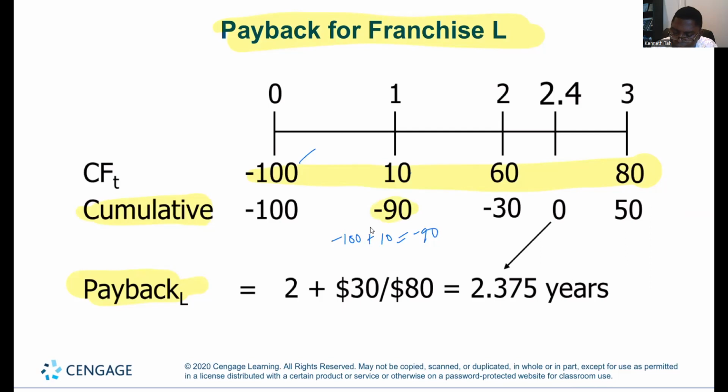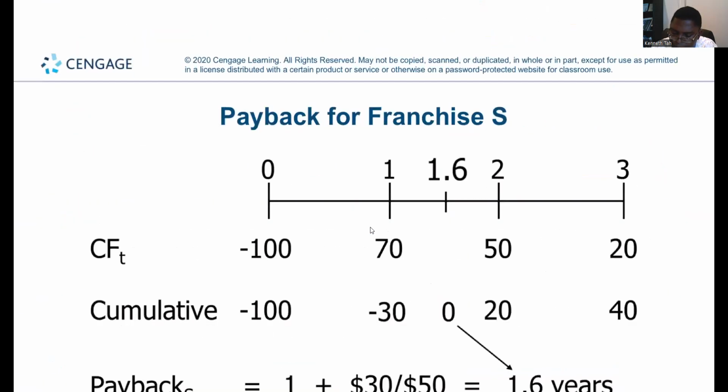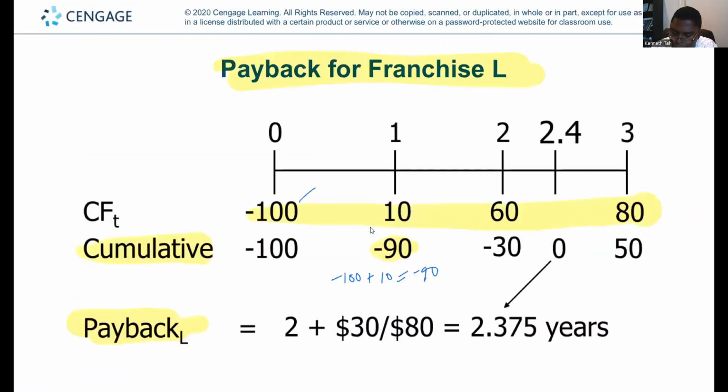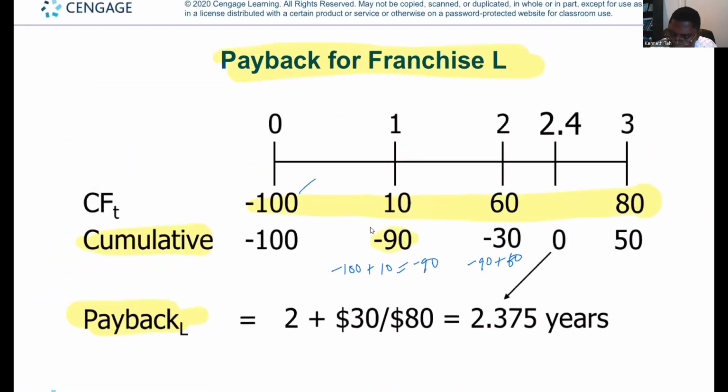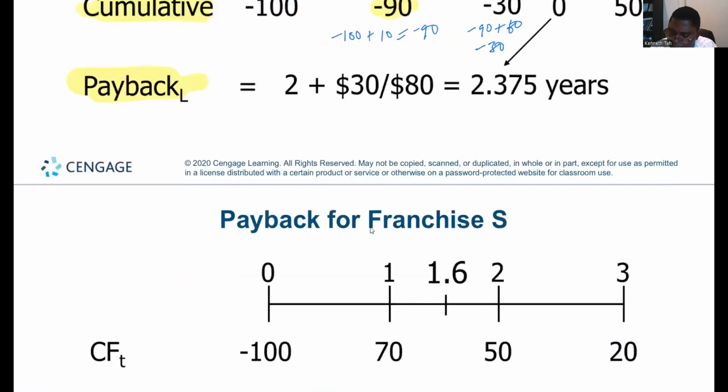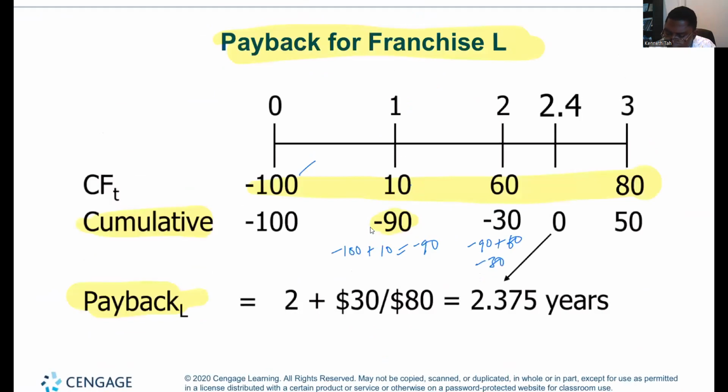Then we have negative 90, and 60 comes in. So we have negative 90 plus 60, which gives us negative 30. Then we have 80 that comes in.